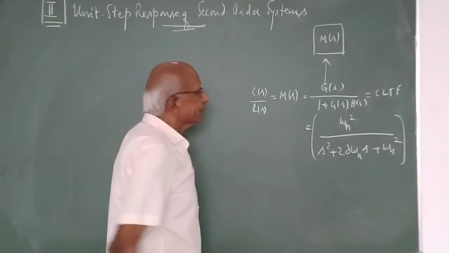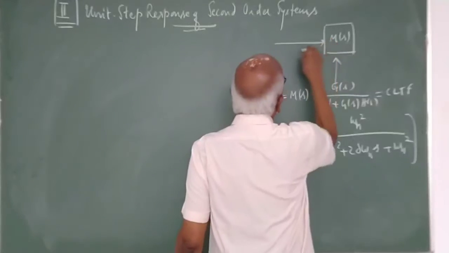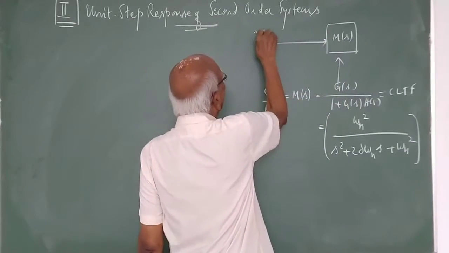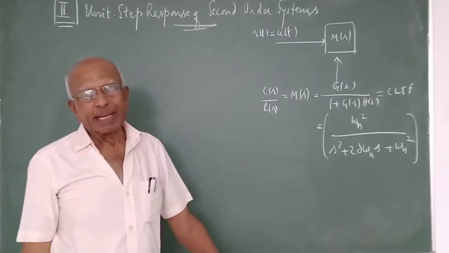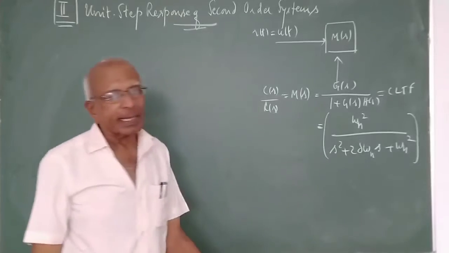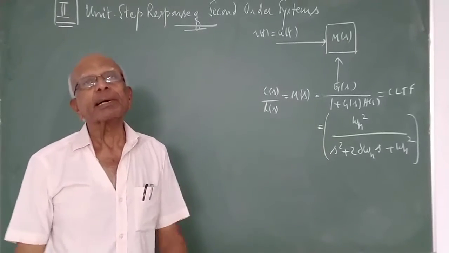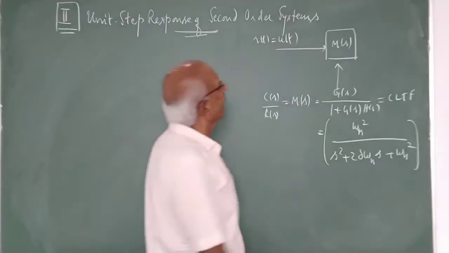We start with this. That is the system. Now we are going to give the input, that is R of t equal to U of t, for unit step input. Just like pure DC input of 1 volt or whatever it is. If it is a mechanical system, it may be 1 Newton of force. If it is heat also, 1 degree centigrade, something like that.